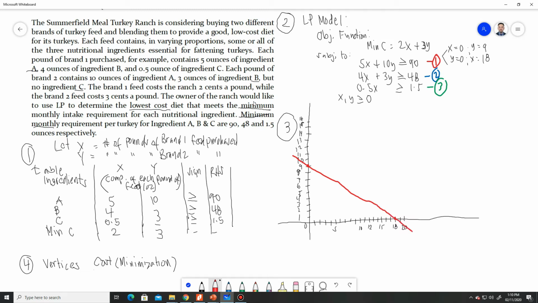For the second constraint, we substitute x is 0, therefore y is 16. If y is 0, x is 12. So we have y 16 and x as 12.